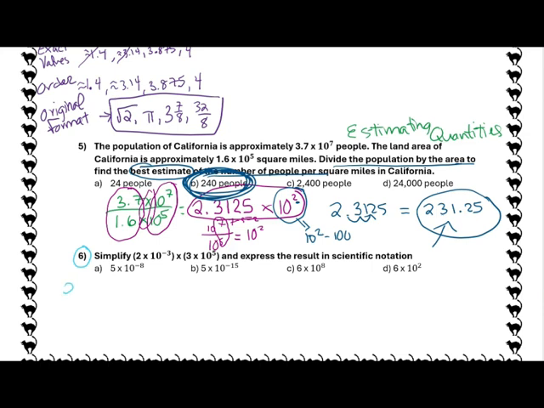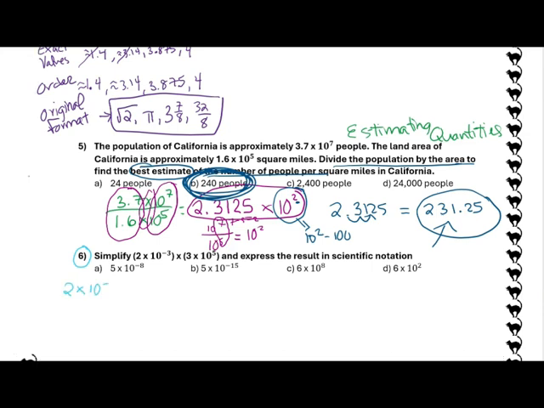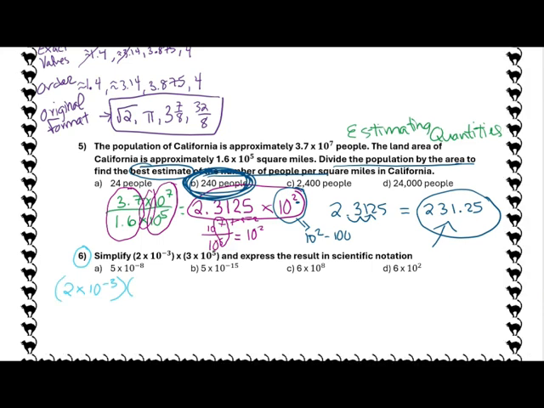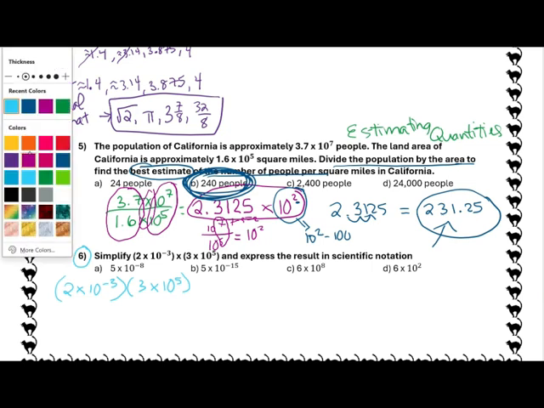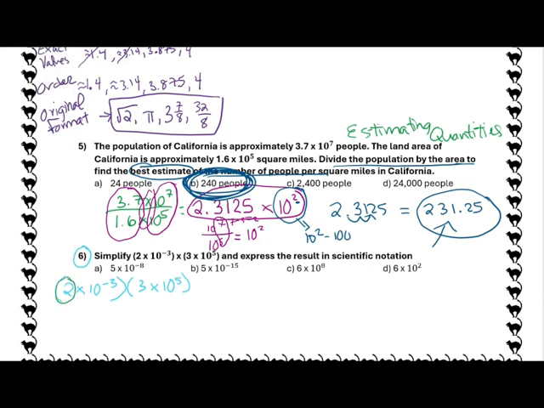Okay, so the best way to do this is to do them separately like this. Let me write it out. Pause this if you need to write it out before I go on. What we are going to do is we are first going to multiply the coefficients. So 2 times 3, that's 6, times 10 to the negative 3rd times 10 to the 5th.